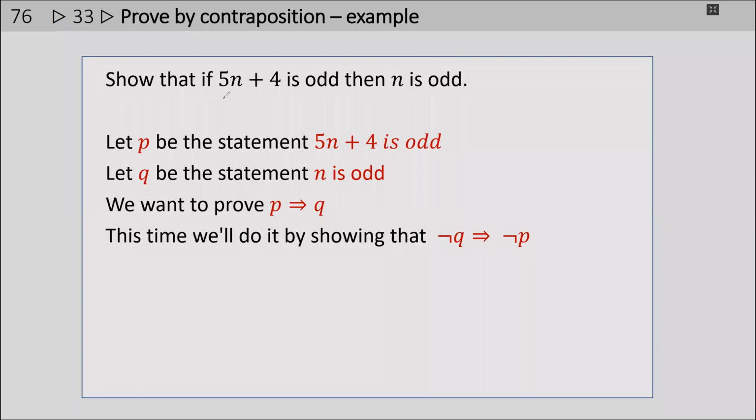Prove that if 5n plus 4 is odd, then n is odd. So this is if then.